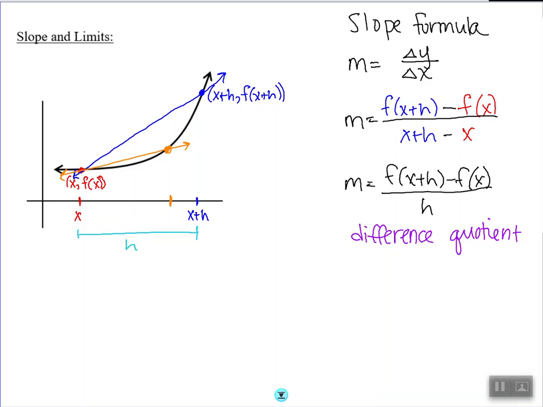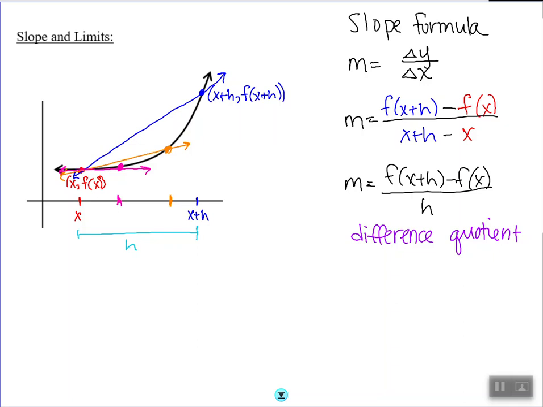If I picked yet another point and drew the secant line, I would again have an even smaller h value. And you can see that the slope of these lines is getting closer to the slope of the tangent line through the point x, f of x.